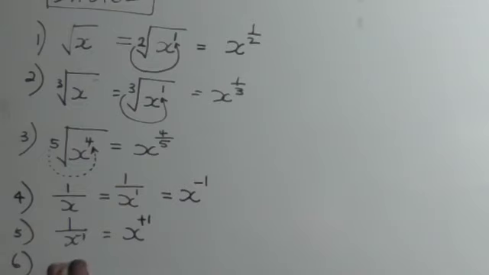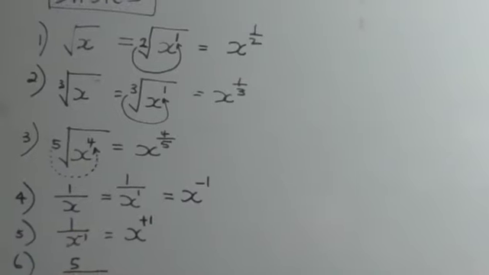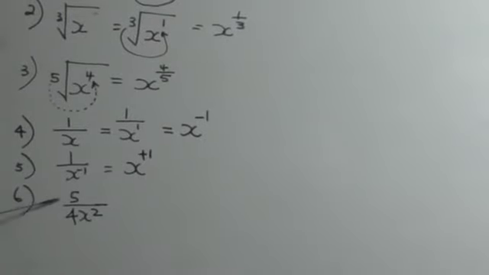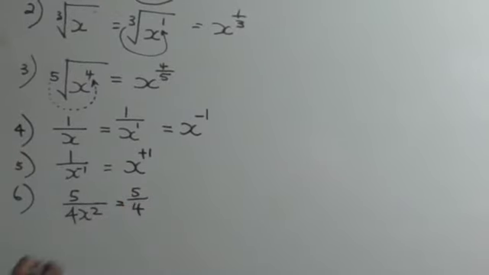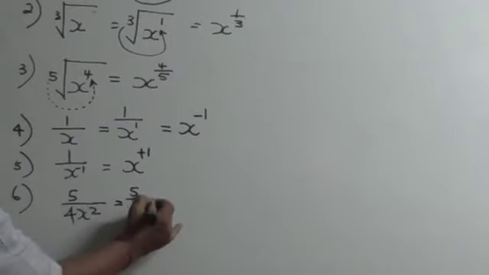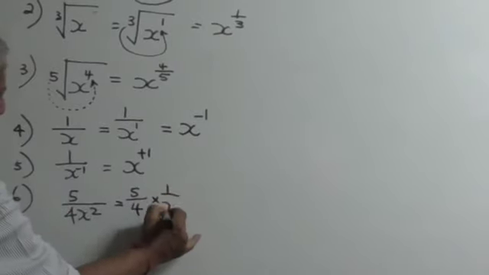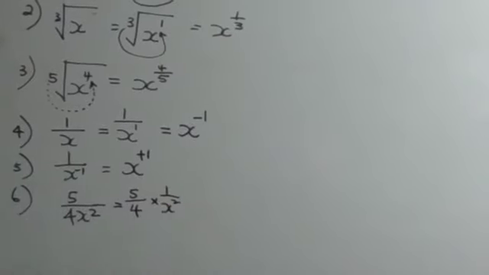Now suppose you have 5 over 4x squared. Well, this number is 5 over 4, so you can just write it as 5 over 4 on its own. And next to it you have 1 over x squared.